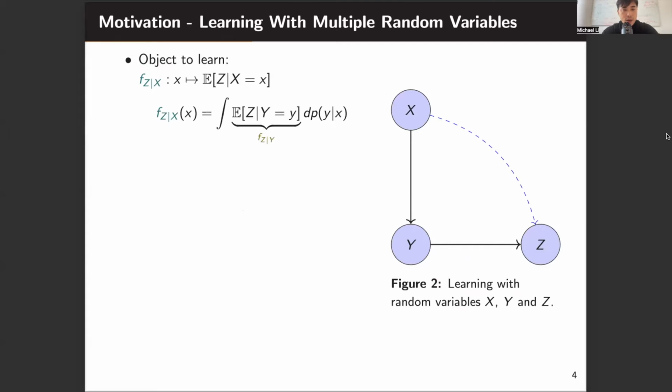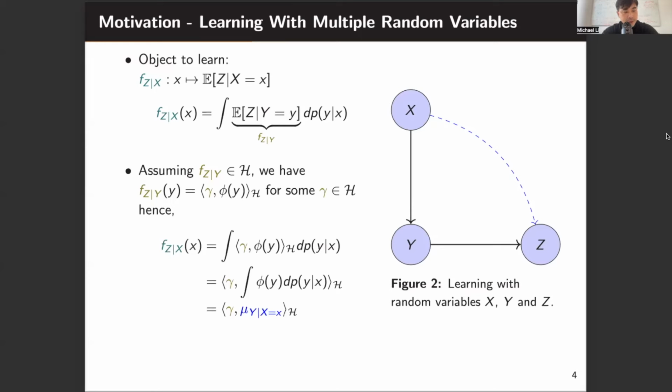We can write out this target function in integral form, where it is the integral of the conditional mean of z given y with respect to the conditional distribution of y given x. Assuming again that f_{z|y} belongs to some RKHS, then f_{z|y} evaluated at any y is nothing but the inner product between gamma and phi(y).